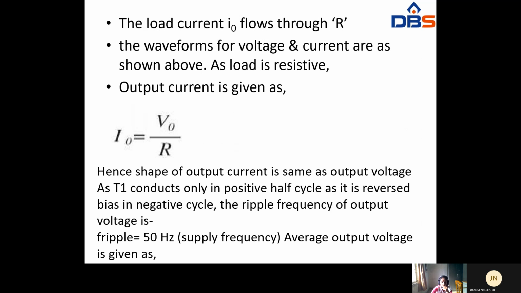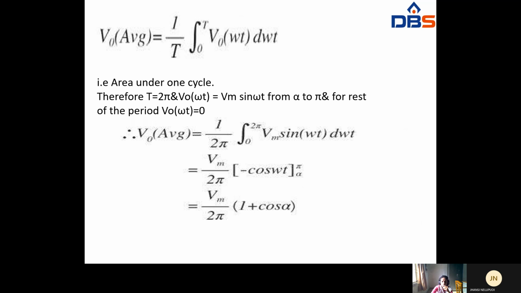We are giving input voltage equal to Vm sin omega t, so 1 by 2 pi integral 0 to 2 pi of Vm sin omega t. Here 0 to 2 pi is divided into two parts, alpha to pi and pi to 2 pi, and pi to 2 pi will be 0.